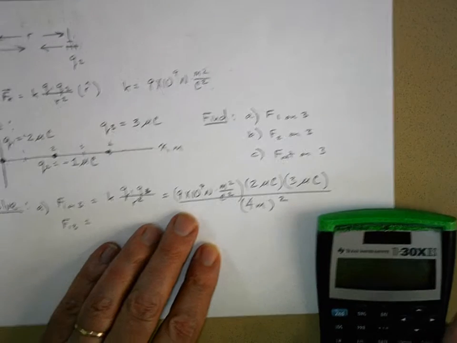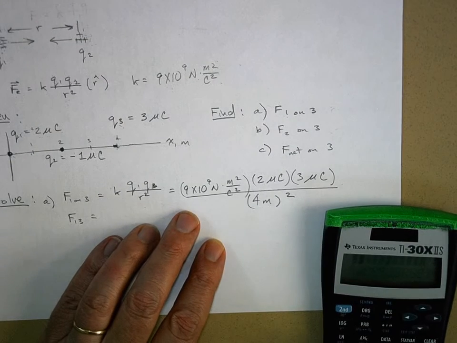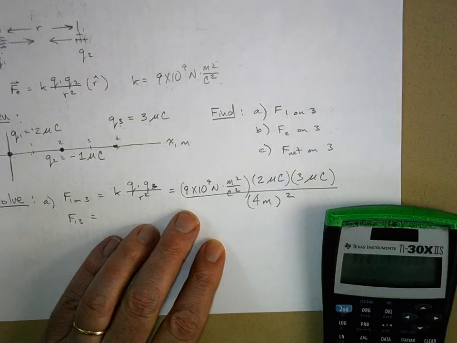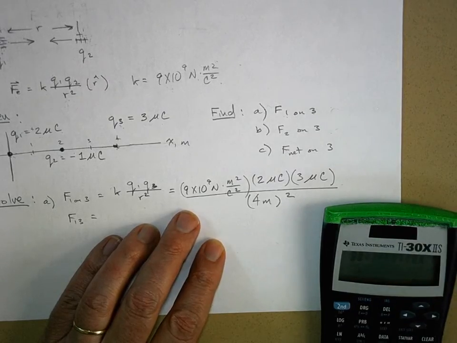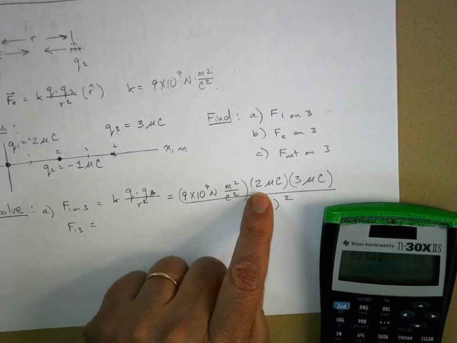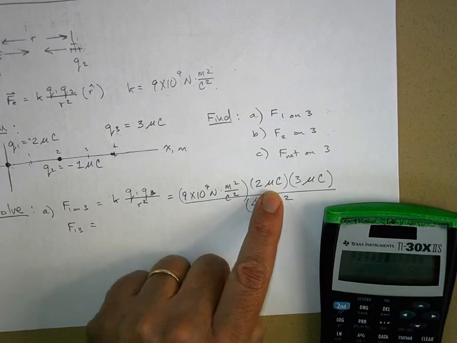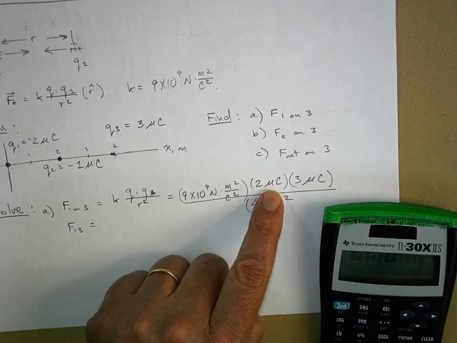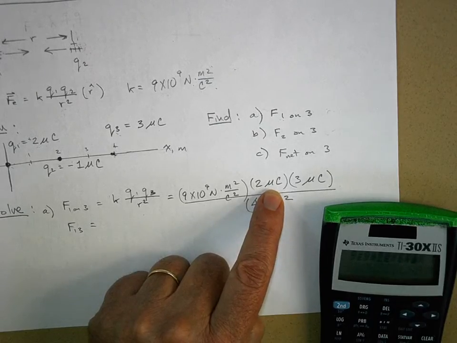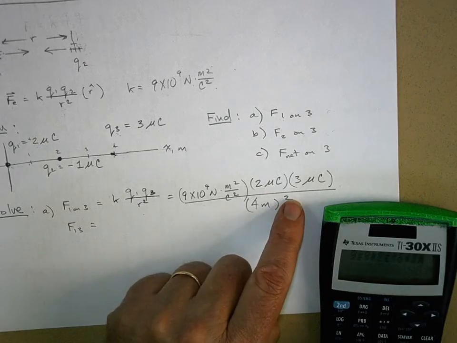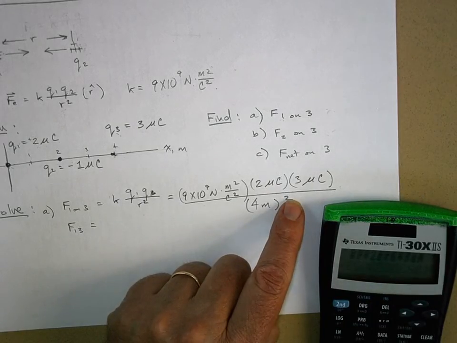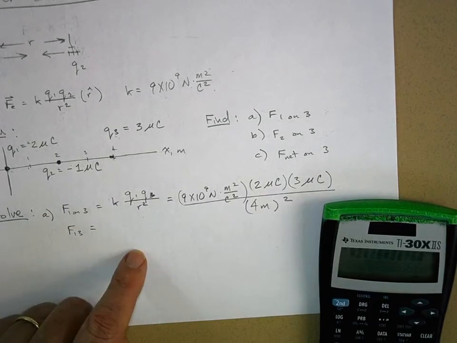I've got 9, and my calculator has an EE button. 9 times 10 to the 9 times 2, and then micro means EE button, negative 6, times 3, EE button, negative 6 again, equals.